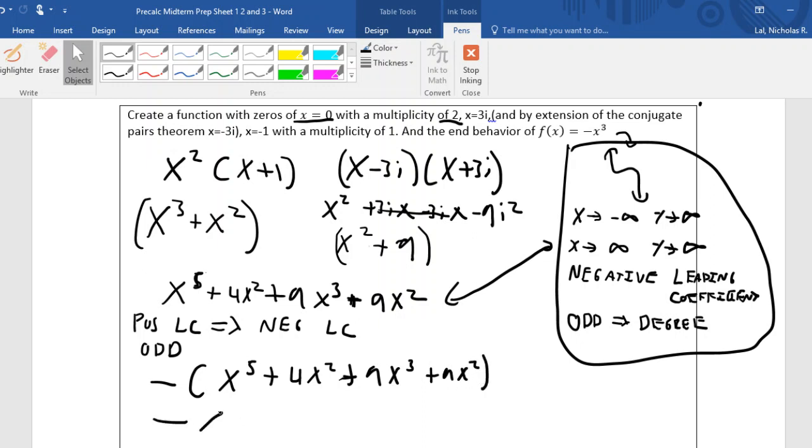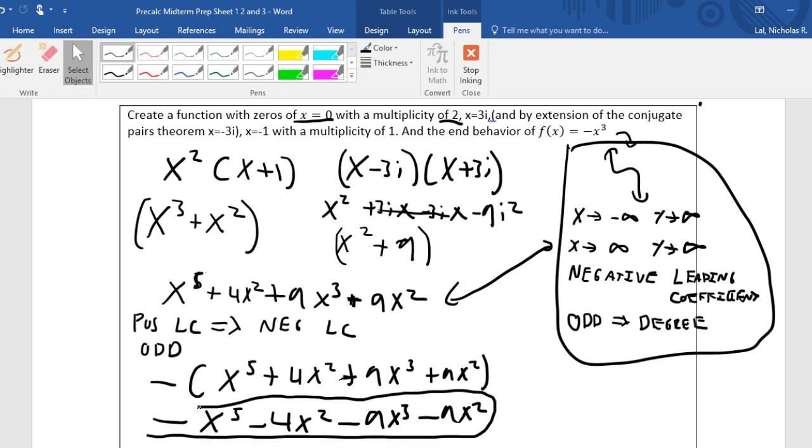This just becomes negative x to the 5th minus x to the 4th minus 9x cubed minus 9x squared. And this is a polynomial that has these zeros of x equals 0 and x equals negative 1, and it has the end behavior of negative x cubed. So this is our solution right here.